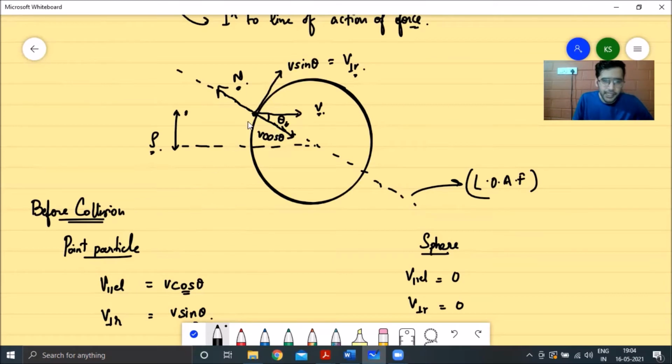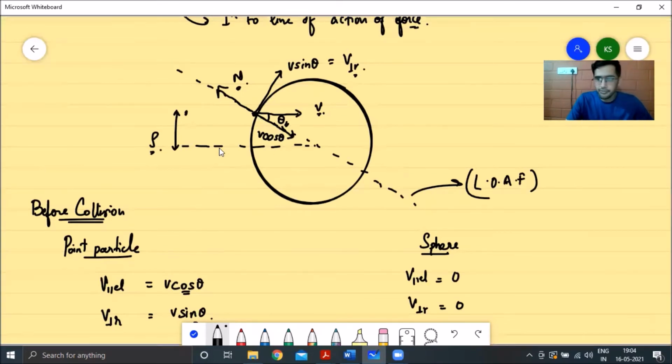So the acceleration of the particle along this direction will be equal to 0. Since the force acting along this direction is 0, the acceleration will also be 0. So the change in velocity of this particle along this direction is 0. In other words, the velocity of the particle remains unchanged.